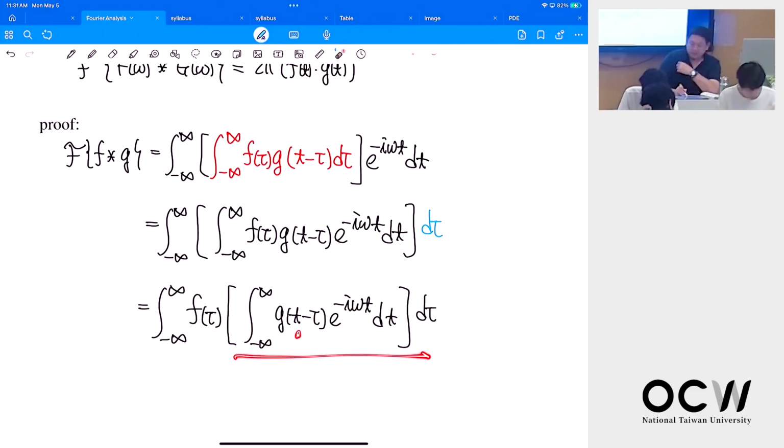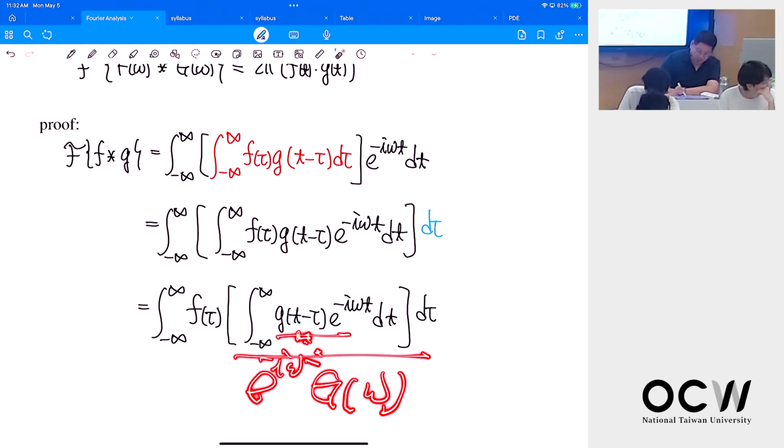If I shift tau in time domain, what happens in frequency domain? I shift in time. In frequency, I still have the same magnitude, but with a phase difference, right? So here I have the Fourier transform of g. Then I need to have a phase difference times e to the minus i omega tau. Okay?